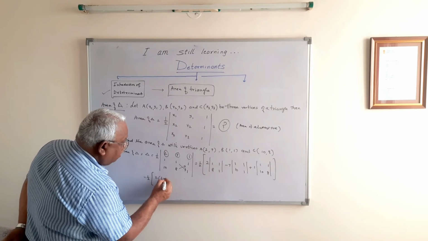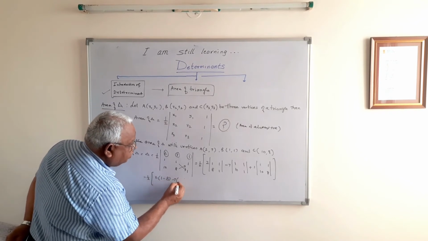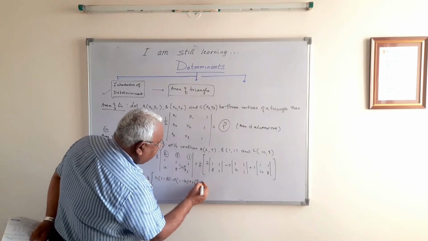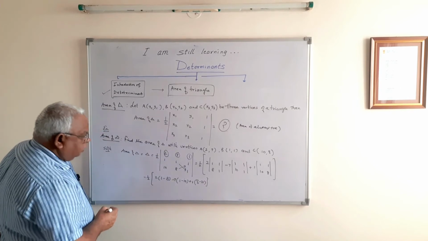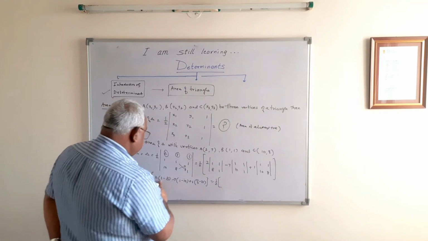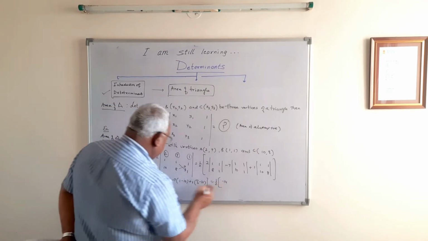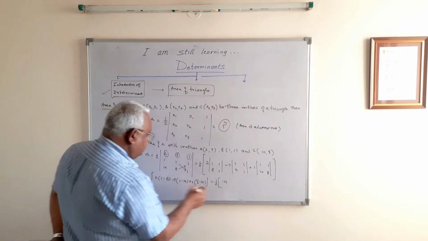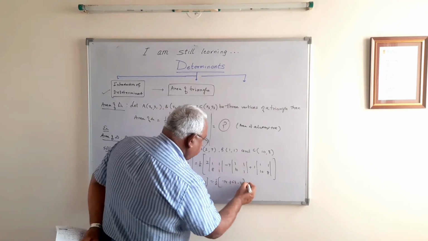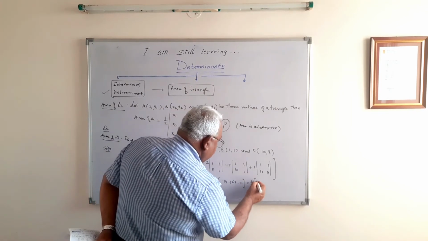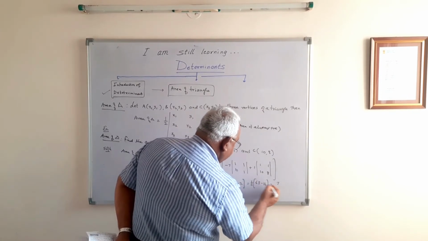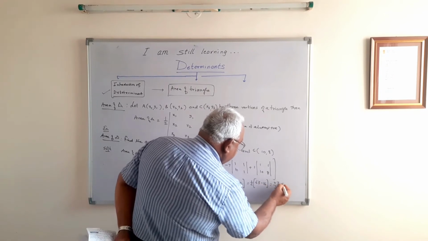Now you expand it, so you get half of 2 into (1 minus 8), minus 7 into (1 minus 10), plus 1 into (8 minus 10). So that gives half of 2 into minus 7, which is minus 14, minus 7 into minus 9, which is plus 63, and minus 2. So it is 63 minus 16, which is 47 by 2 square units.